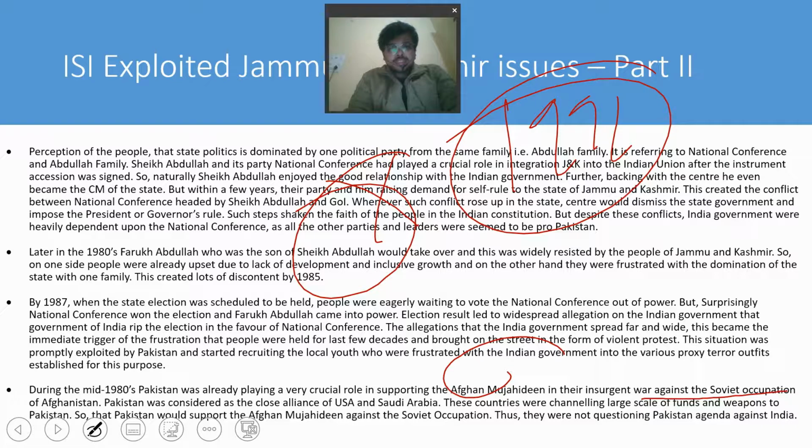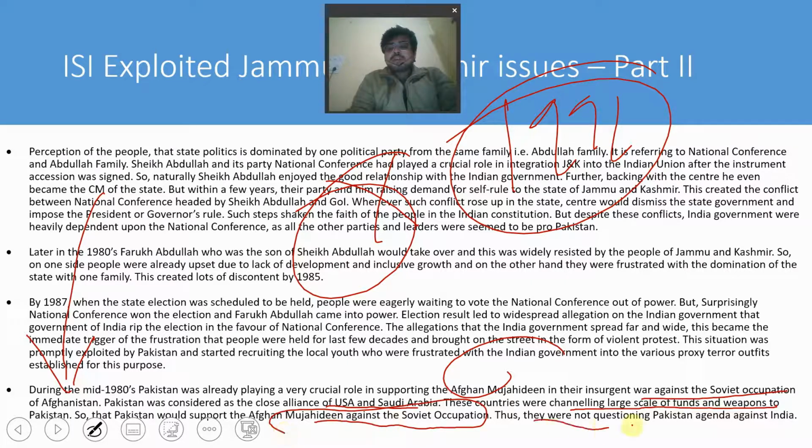Pakistan was supported by the USA and Western countries, and was considered a close ally of the USA and Saudi Arabia. These countries were channeling large funds and weapons to Pakistan so that it would support the Afghan Mujahideen against the Soviet Union.